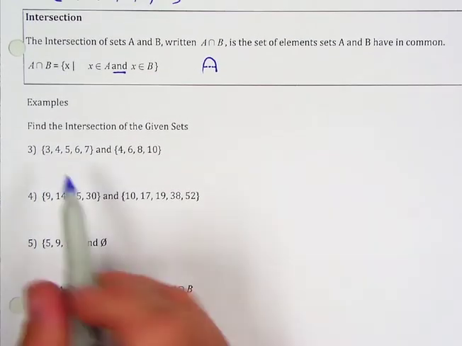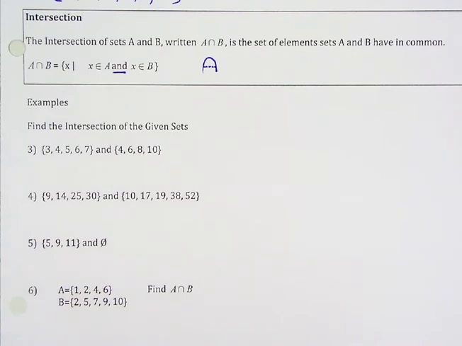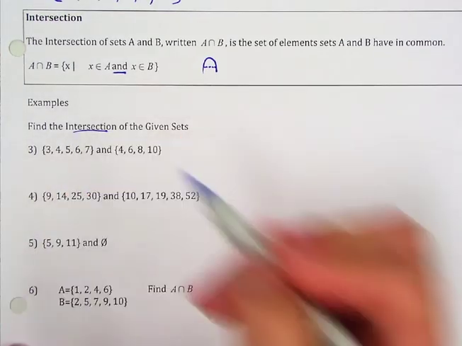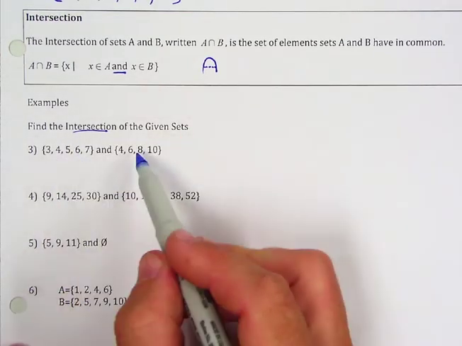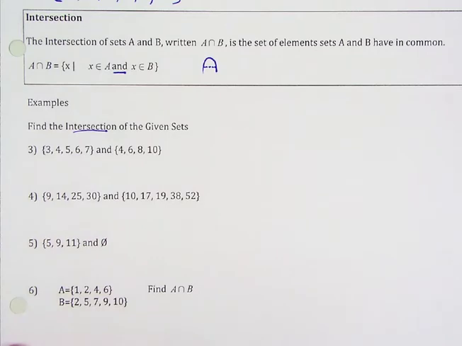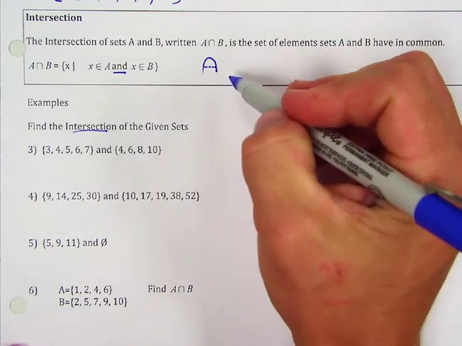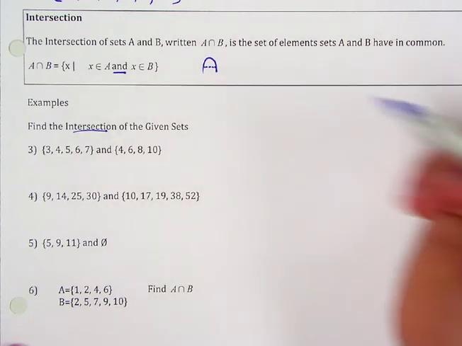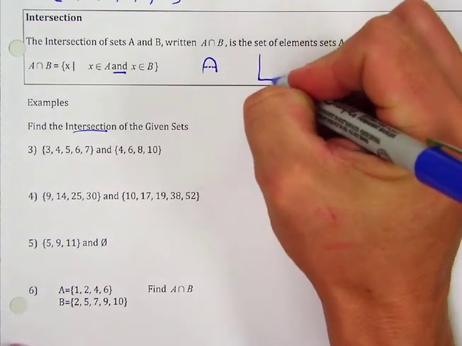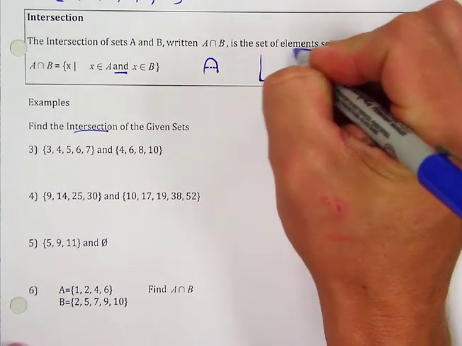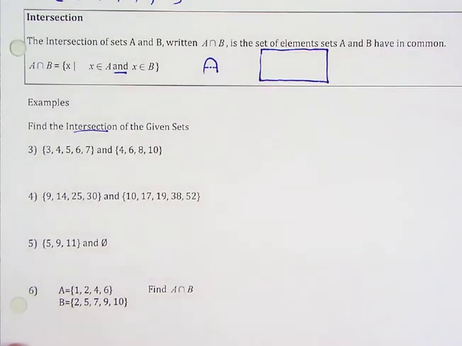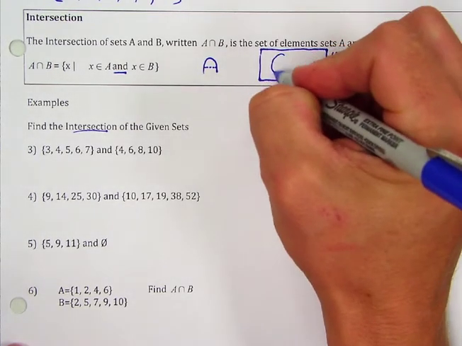All right, so here we have two sets, and if we're going to find the intersection, we want to see what do these two have in common. Okay, so if we were going to look at a Venn diagram of this, here's our universal set, and now we have two sets, and they could possibly overlap.